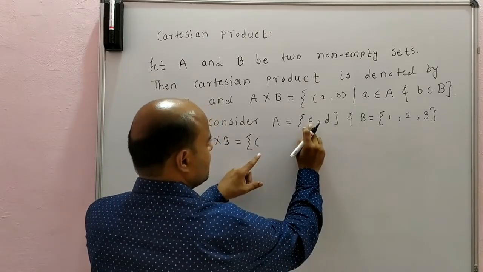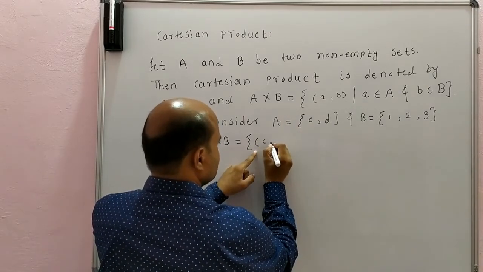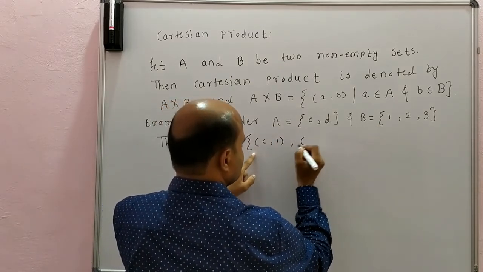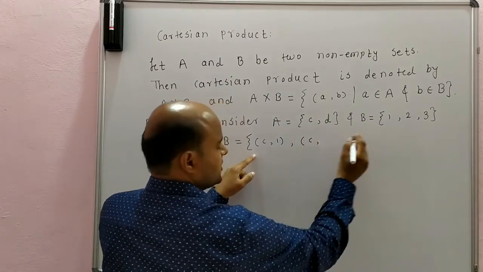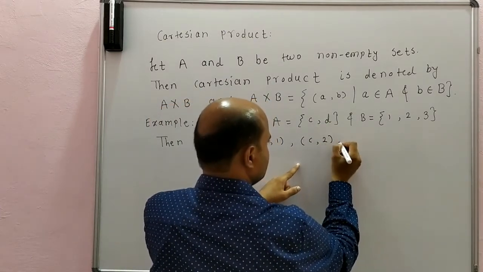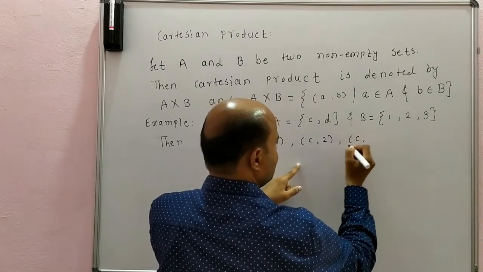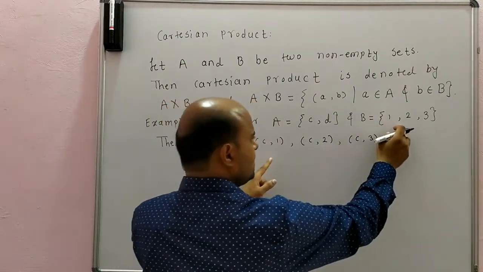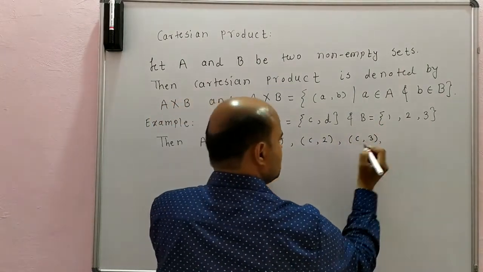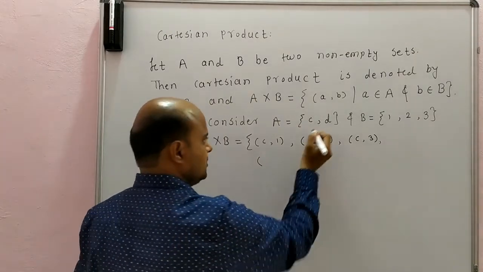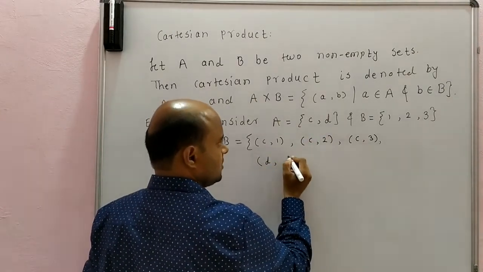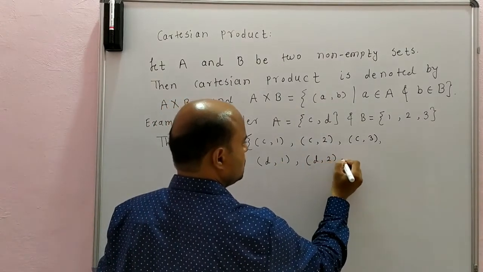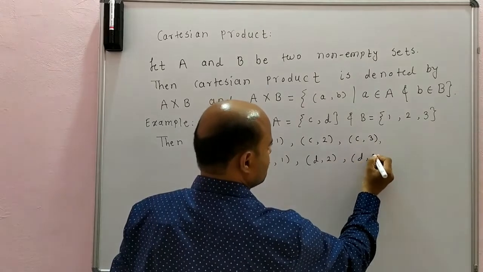Firstly, we will take the element of capital A, that is C, with the first element of capital B, that is 1. We will continue with C and the second element of B, that is 2, then C and the third element of B, it is 3. We finish each element of B with C, then we continue with the second element of A, that is D, comma first element of B, that is 1, D comma 2 and D comma 3.